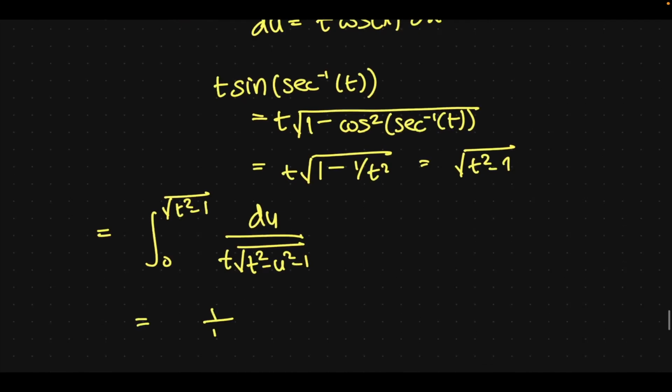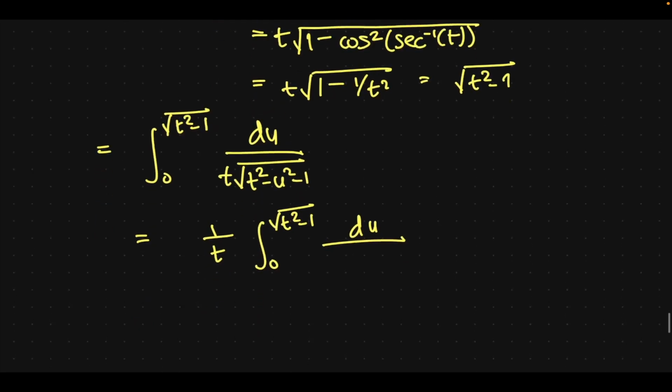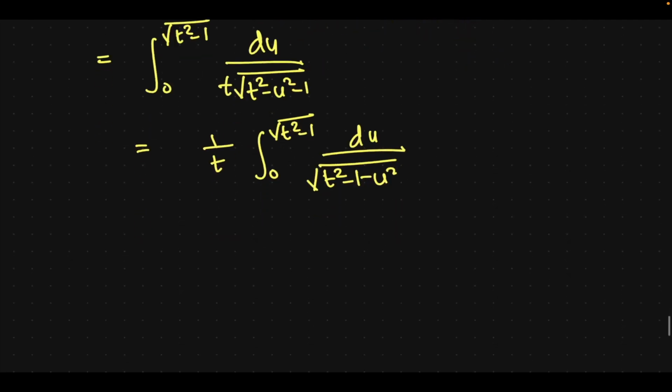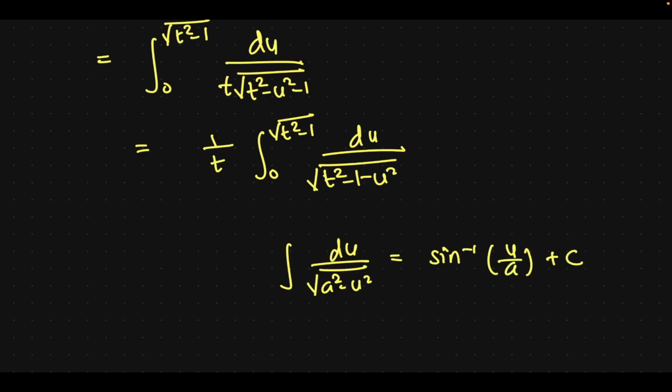We can pull the t out, 1 over t. And then we have du over square root of t squared minus 1 minus u squared. Now remember this nice formula we have, that the integral of du over square root of a squared minus u squared is sine inverse of u over a plus c.